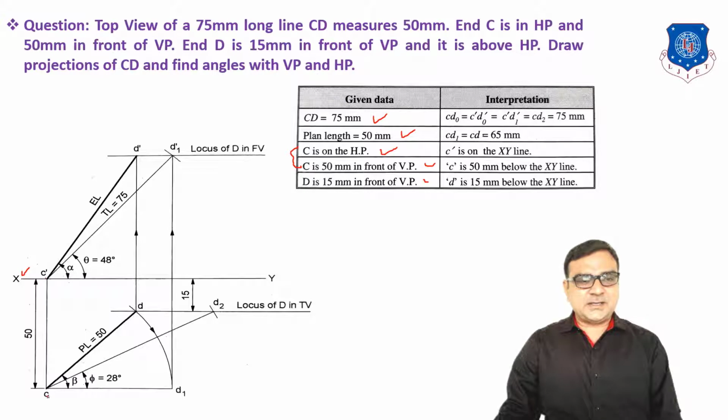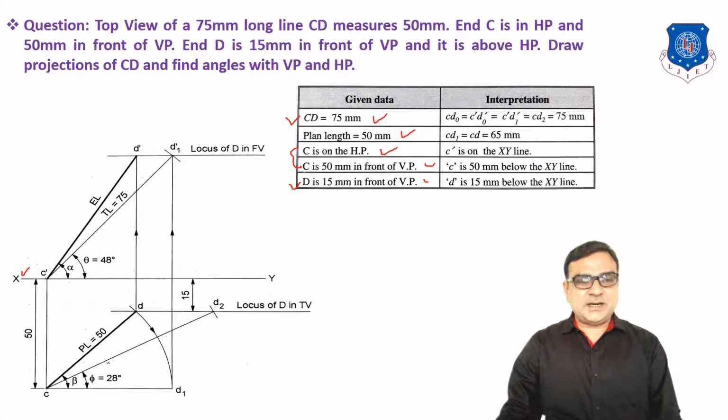After locating C dash and C, because we have a true length and the position of D, D is 15 mm in front of VP. So from XY, you have to take a 15 mm distance and draw one imaginary line. This is known as the locus of D.